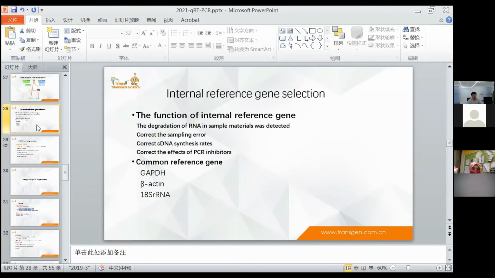For example, for GAPDH, you can choose the human GAPDH gene to detect the human tissues. But if you detect the mouse tissues, you have to choose the mouse GAPDH gene. So it is species specific. So you have to choose based on your materials.